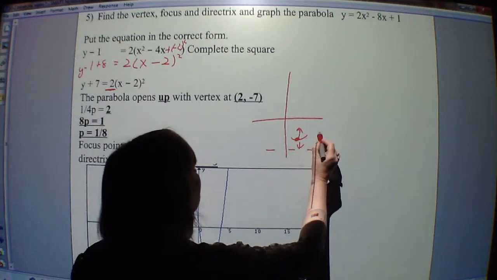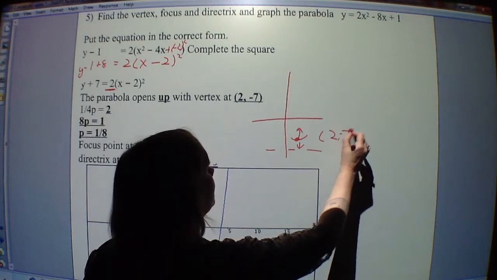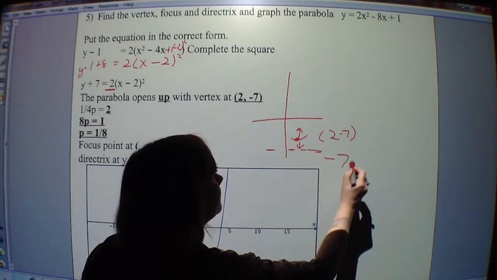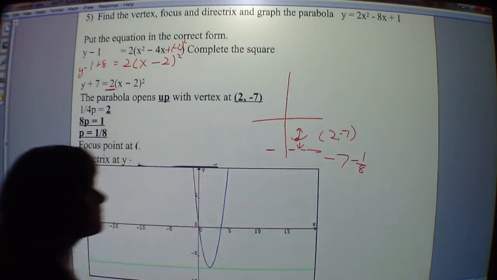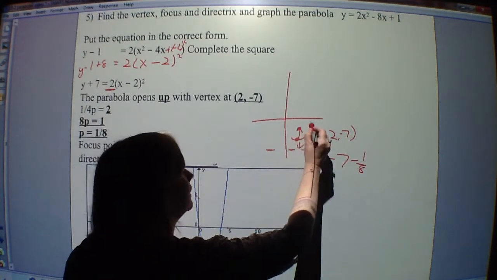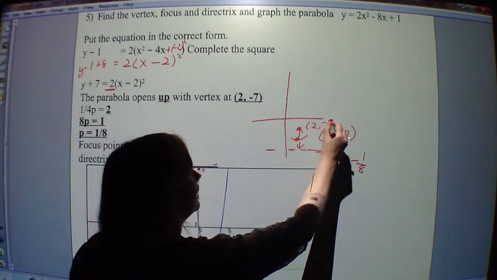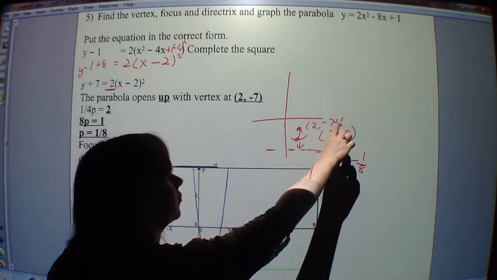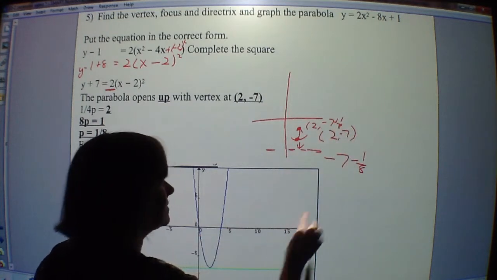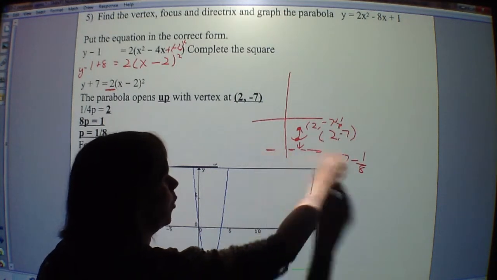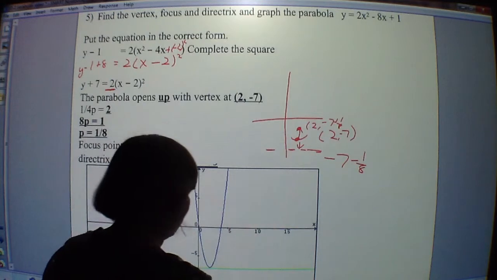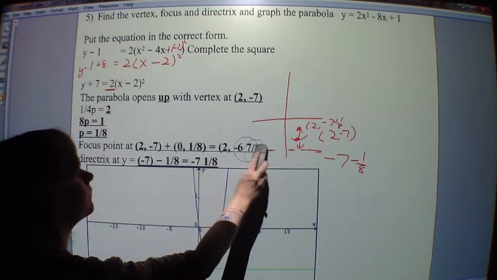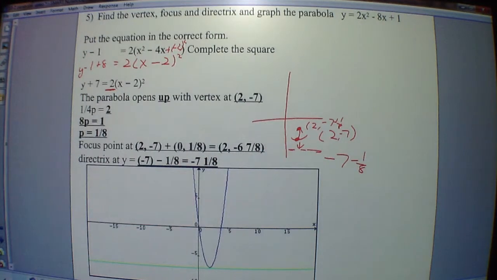If this point right here is (2, -7), then this right here is -7 minus 1/8. This point here is (2, -7 plus 1/8), so this is (2, -6 7/8). This is the line y equals -7 1/8. That's what I have right here. And then graph it.